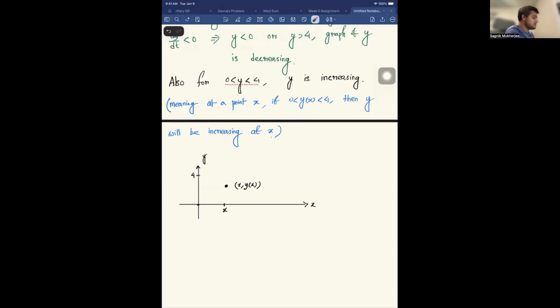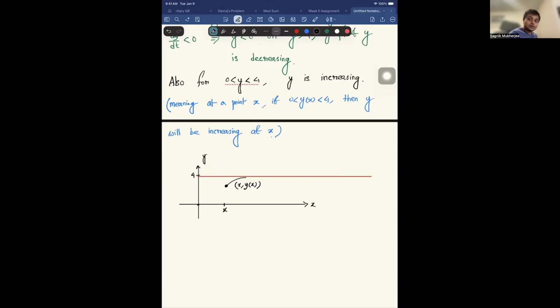Now our natural question is, this is the line y equals 4, right? I know that as long as the value of the function is less than 4, it will keep increasing. So the question is, will it ever become 4?